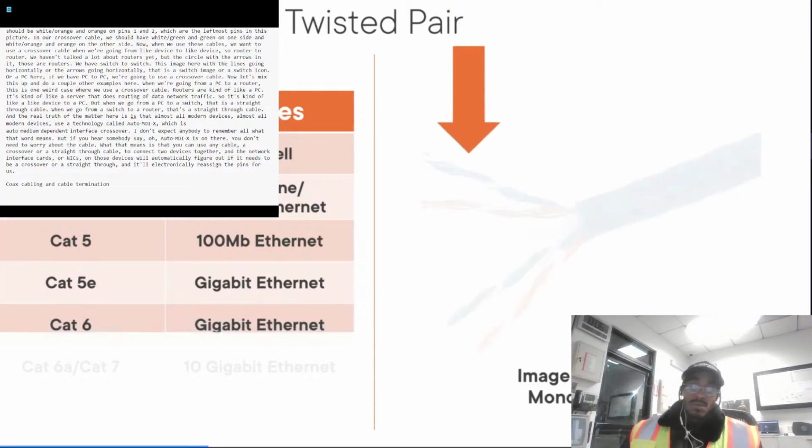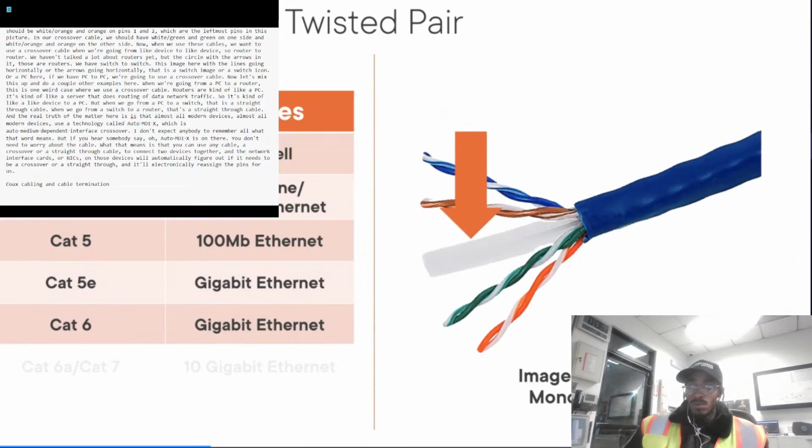The same thing happened with Category 6 here. We increased the specifications and also added this little plastic spacer in the middle of the wire. And that plastic spacer keeps those 4 pairs of wires very well separated in the exact way that's necessary in order to pass traffic at a faster rate.